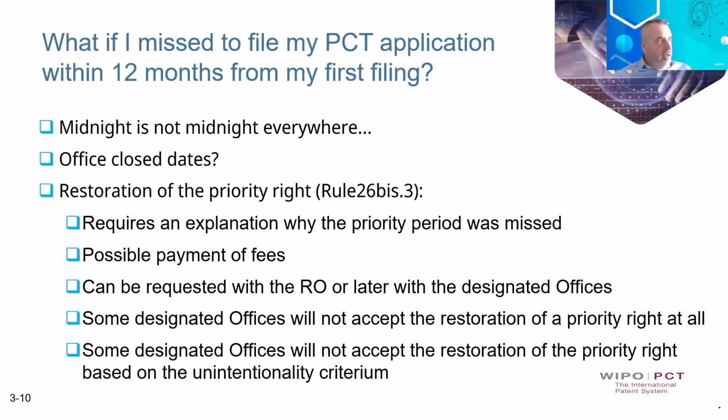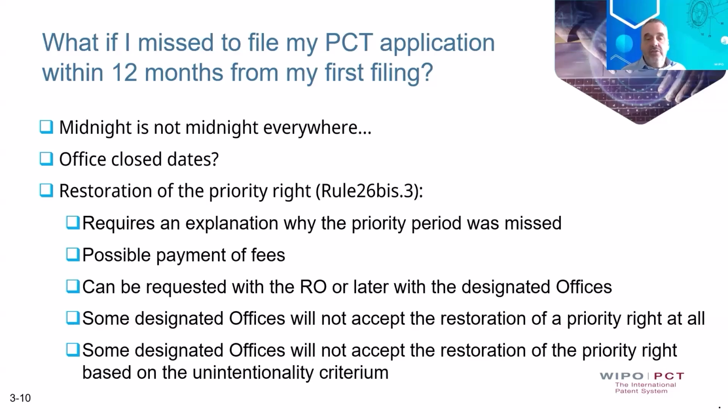And then usually we recommend that you try to go for the due care standard if you request restoration of the priority right, because offices only have to accept the decision of the receiving office if they apply the higher due care standard. So let's say you only got your priority claim restored under the unintentional, the lower standard, the oops, sorry, I missed the priority period.